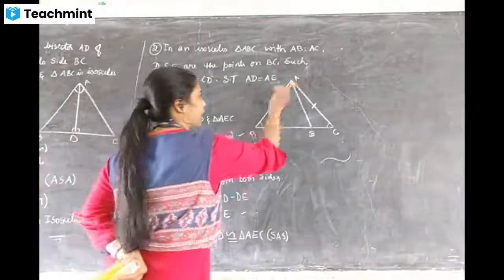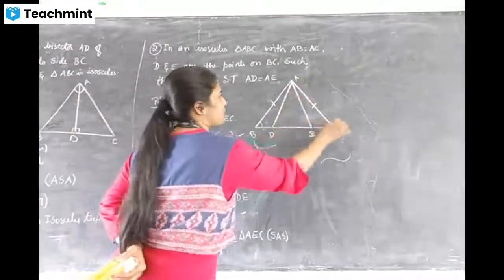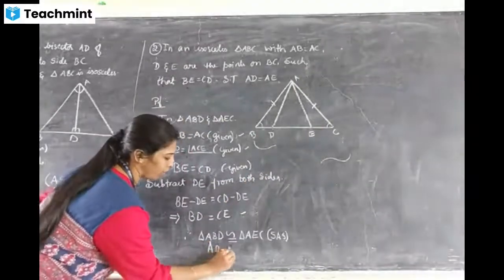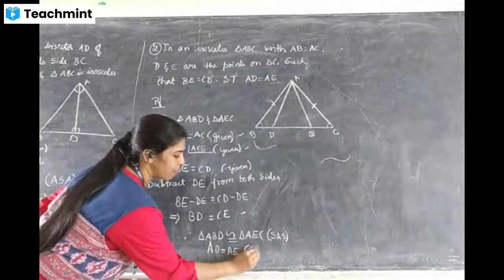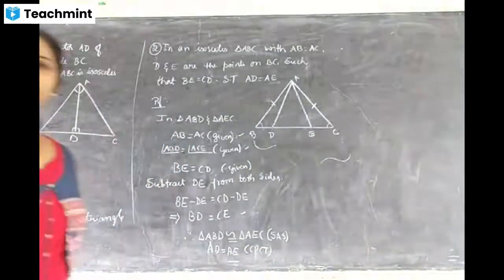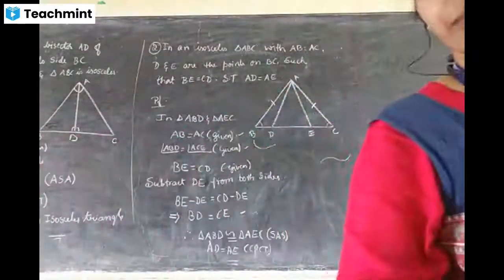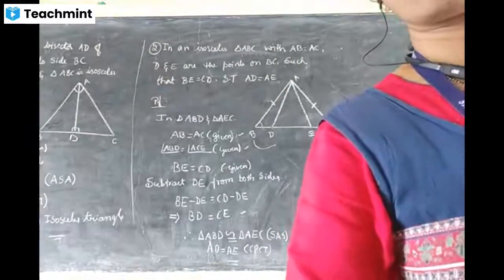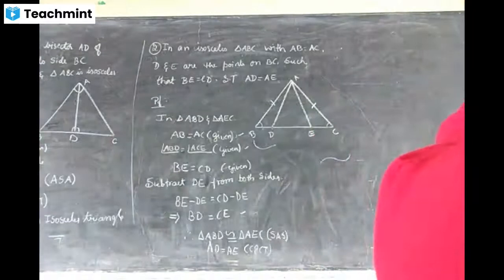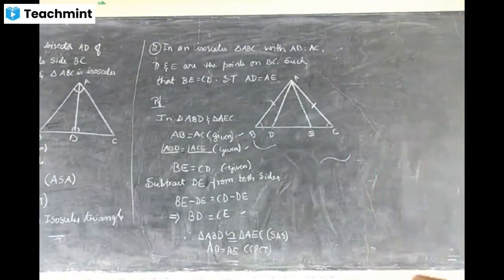This is the triangle containing AD. This is the triangle containing AE. So no problem. AD is equal to AE because of CPCT. Okay. Next one.